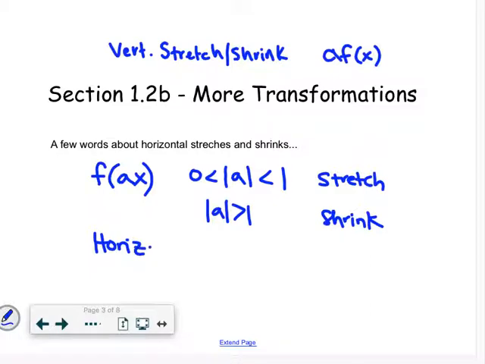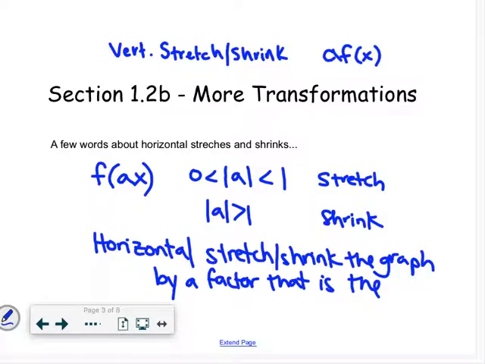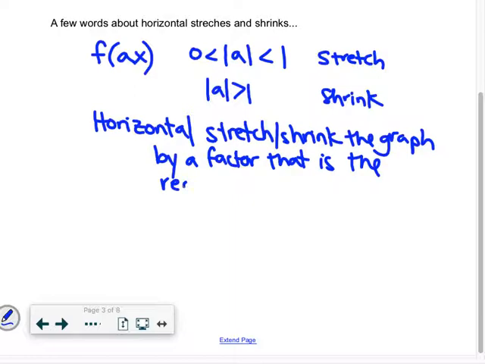When you take it out of the function notation, you're going to horizontally stretch or shrink your graph by a factor that is the reciprocal of a.